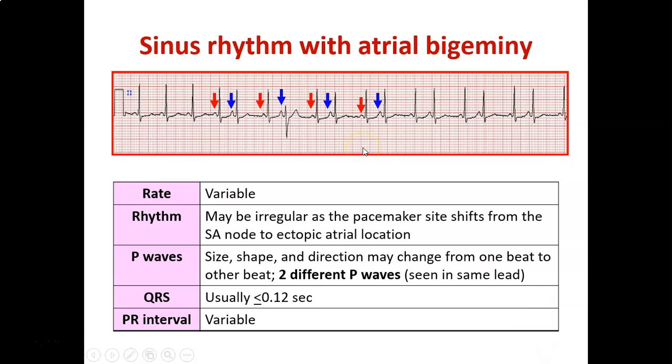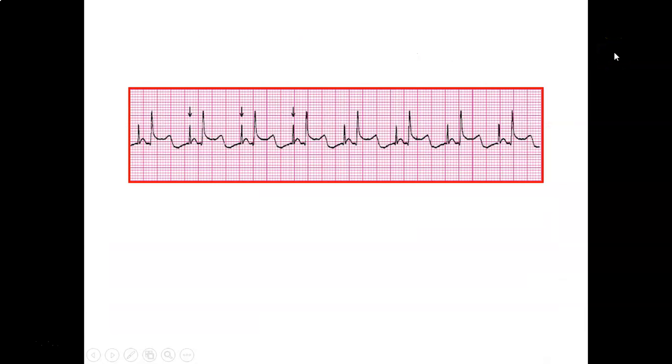How do you differentiate atrial bigeminy from sinus arrhythmia? In sinus arrhythmia, all the P waves will be the same shape, but in atrial bigeminy, there are two different shapes of the P waves. So this is your sinus rhythm with atrial bigeminy.